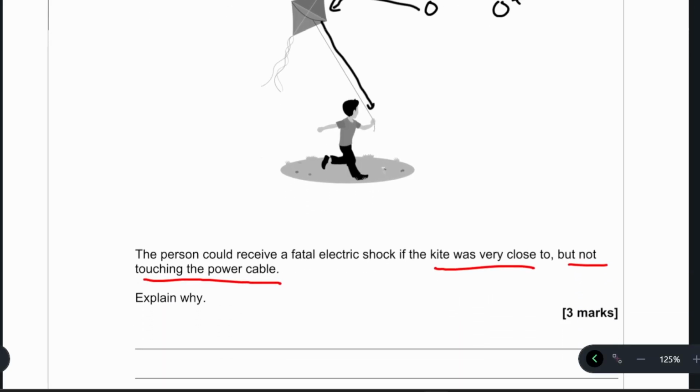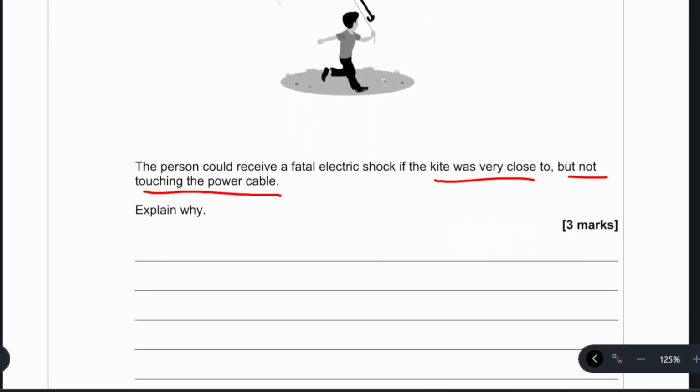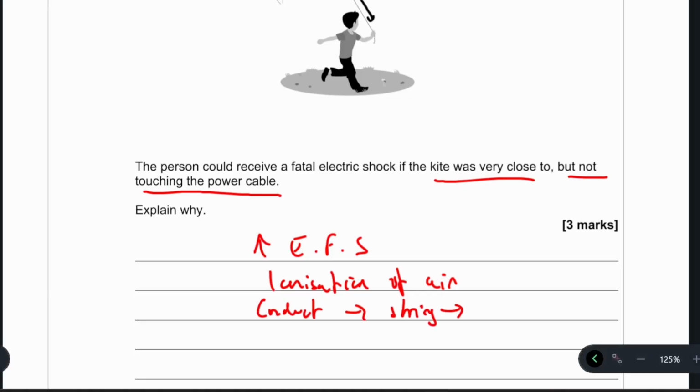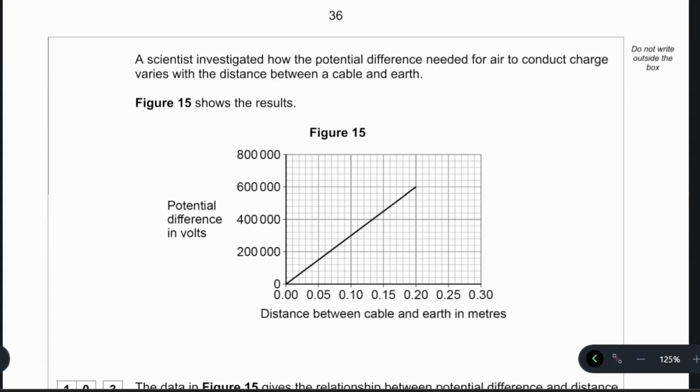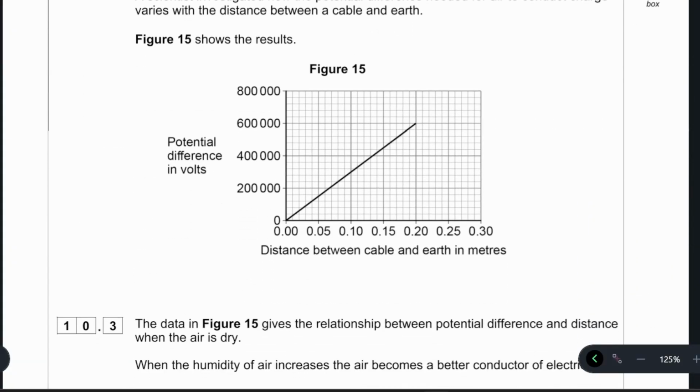So that's what you basically say for 3 marks: you have a very high electric field strength that can cause ionization of the air around it, and that means that the air can conduct, through the string and into the kid. And that's it.